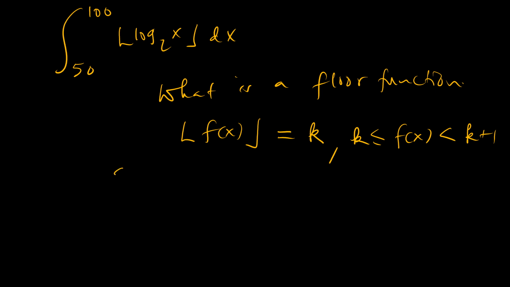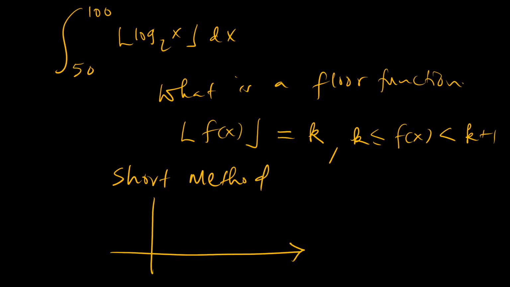I'll look at the short method first, and that really just involves plotting the logarithm to the base 2 of x. So this is log 2 of x, right? And it crosses 0 at a value of 1. And we want to integrate from 50 to 100.